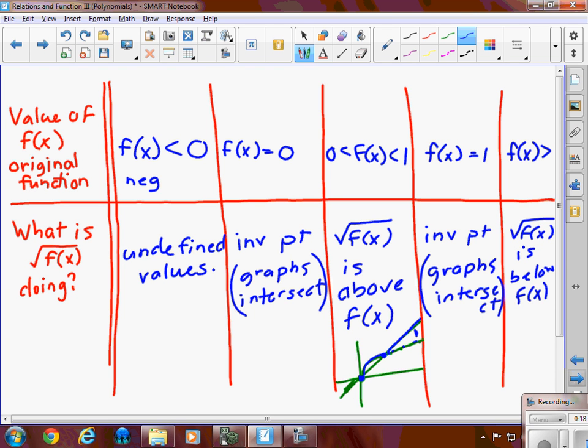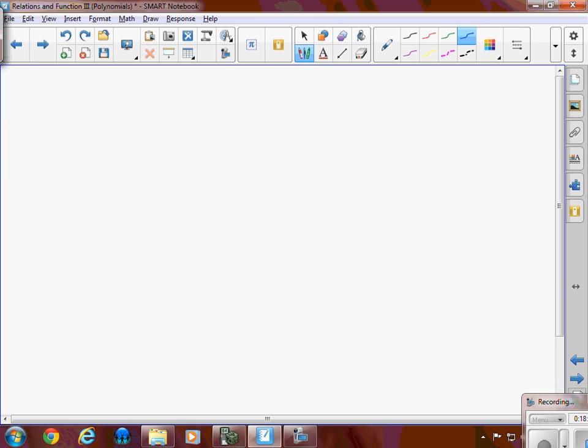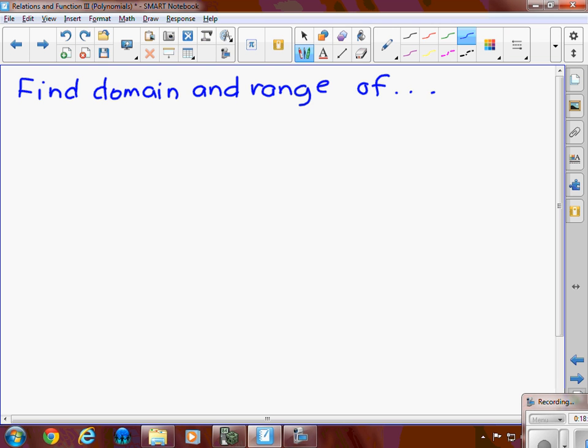We got two little chunks left here. The first chunk we're going to say, if we could get to a new page, find domain and range of, and we have two functions we're going to look at.